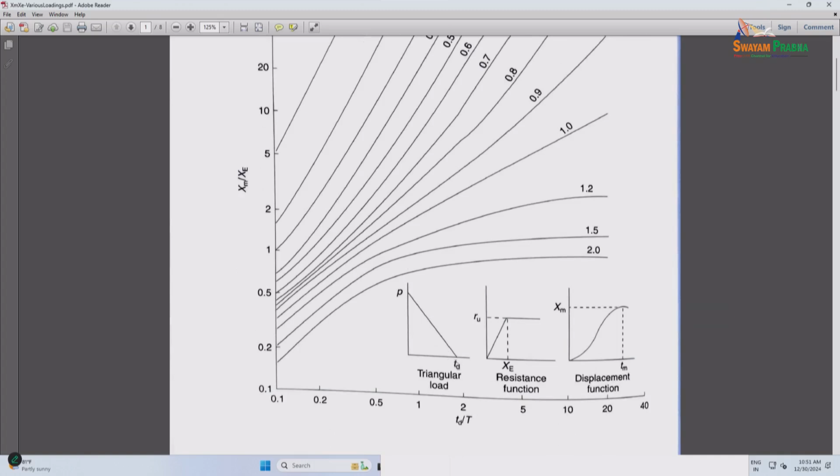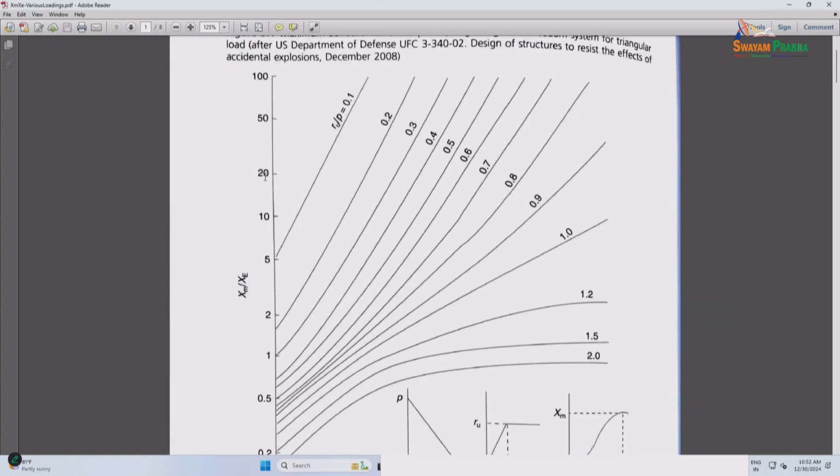What you see here is a triangular load. You see the resistance function, Ru and Xe. Using the stiffness that we calculated, you can find X sub E, and the displacement function looks something like this. So Td by Tn, Xm by Xe, the same thing I showed you just now, 0.1 through 2.0.